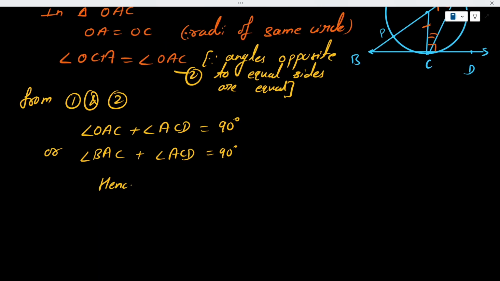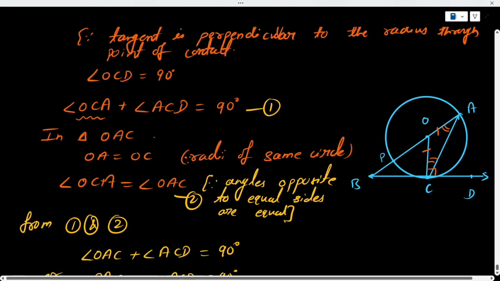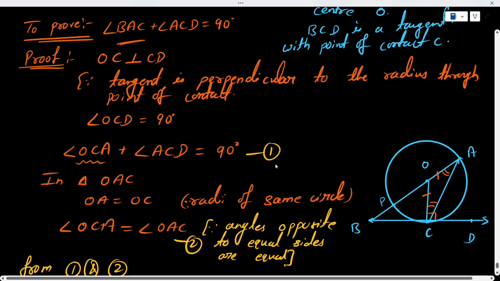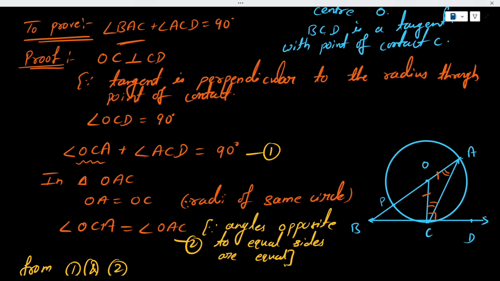So hence proved. Now whenever they are giving you the marks, how are the marks going to be allotted? If you see, the marks will be allotted for writing the isosceles triangle property here. When you are writing this part, 1 mark will be given for the isosceles triangle property.